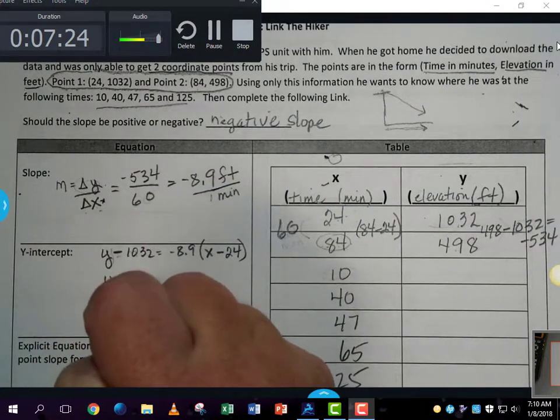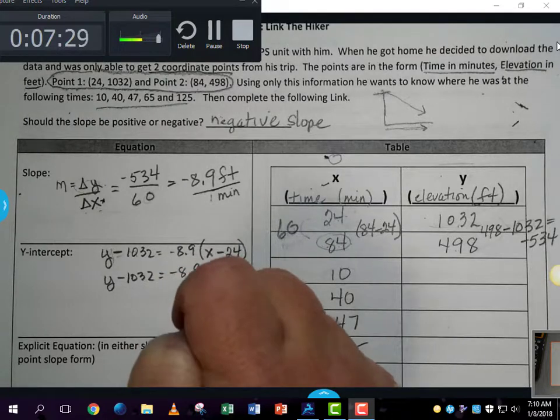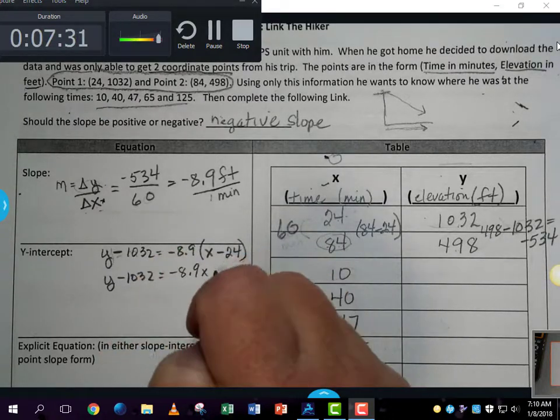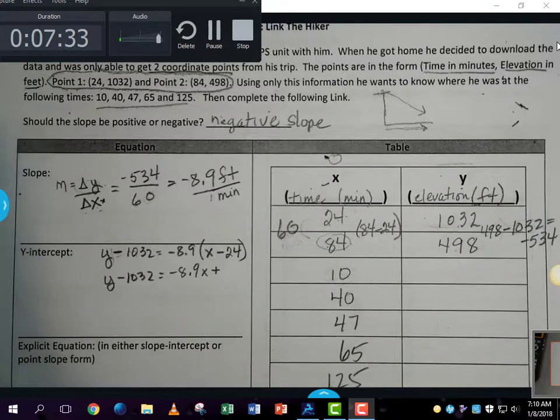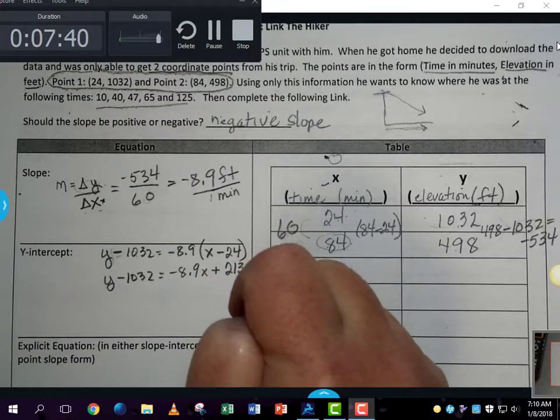So y minus 1032 equals negative 8.9x. A negative times a negative is going to be a positive, so 8.9 times 24 is 213.6.